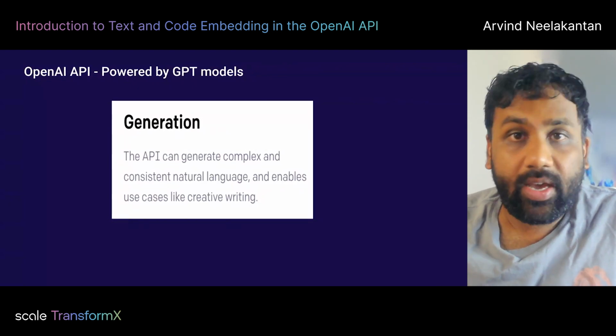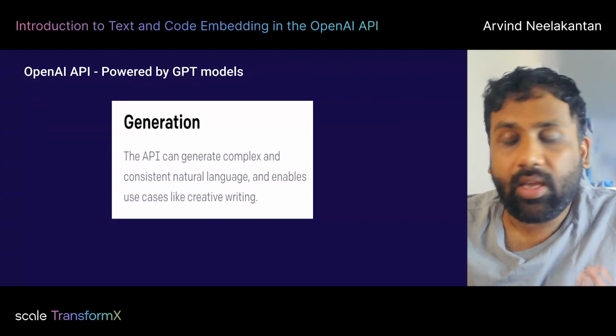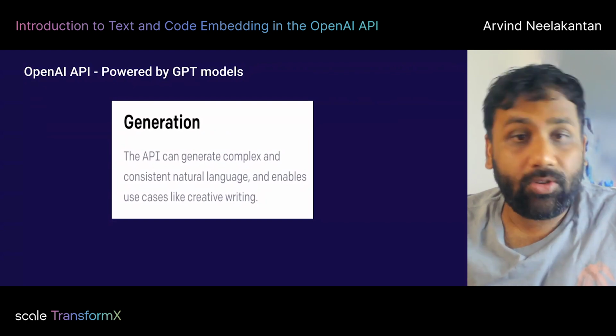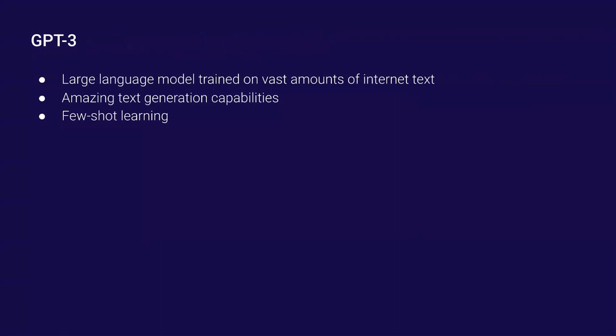We launched the OpenAI API 2 years back, and it was powered by the GPT models. The main use case was text generation, and it was a general purpose text generation model that can be applied to a lot of downstream tasks.